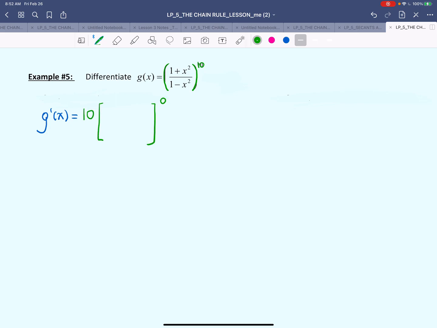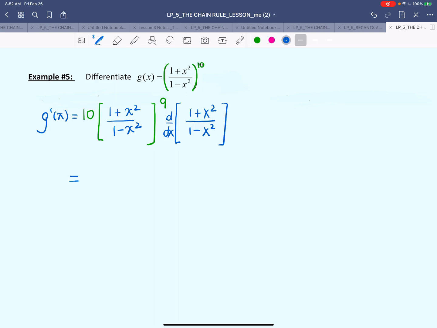The power now will reduce to 9. Inside doesn't change. And then we multiply by the derivative of the inside. So I'll write here d dx of 1 plus x squared over 1 minus x squared.